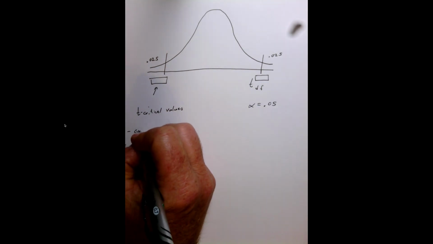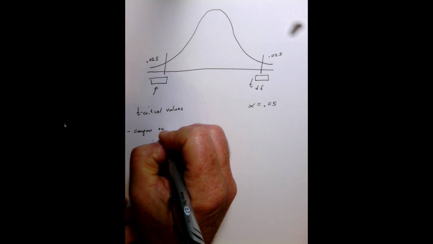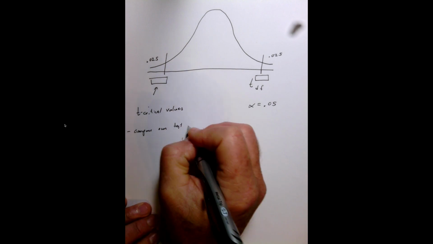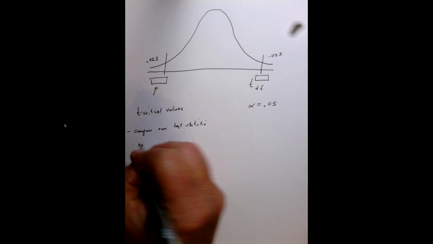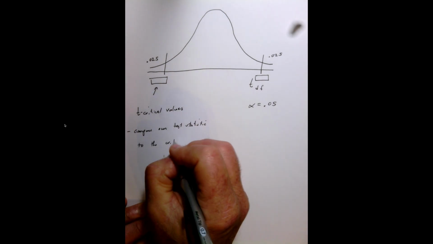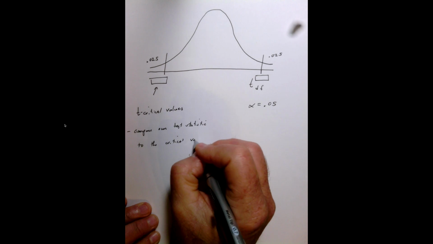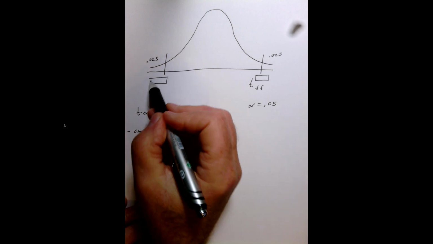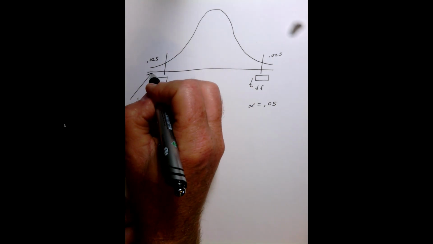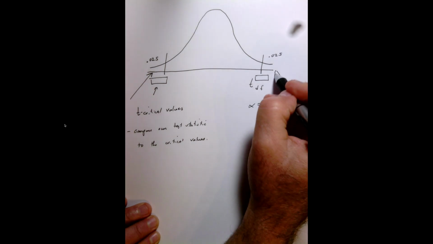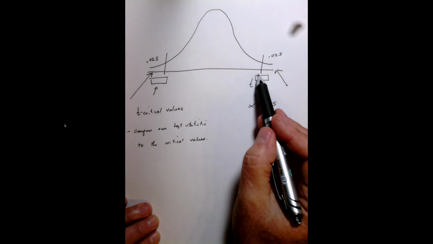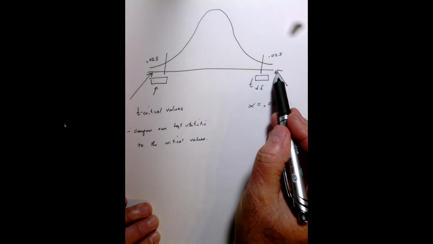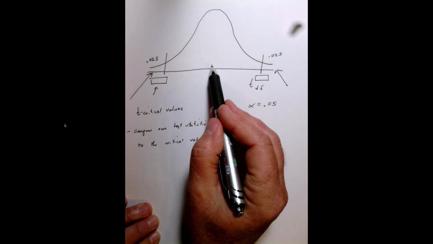Next thing is we will compare our test statistic to the critical values. If the test statistic falls in this area or this area, then we reject the null. That tells us that our test statistic, our sample data, is too far from the claim to believe the claim.